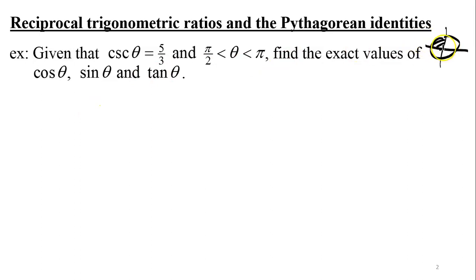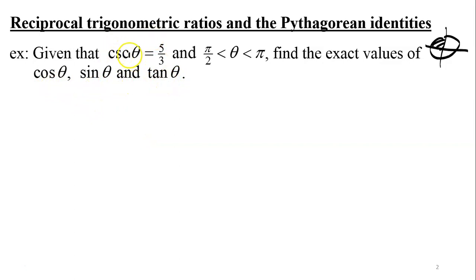So in the second quadrant, we need to watch out for the signs of the trigonometric ratios. In the second quadrant, sine is positive, cosine is negative, which leads to a negative tan and cotan. So over here, I need to find the exact values of cosine theta, sine theta, and tan theta.